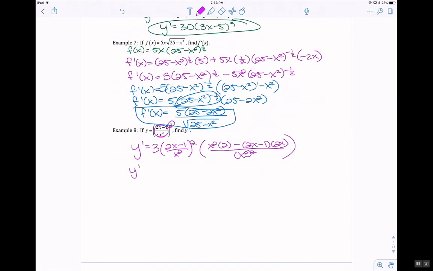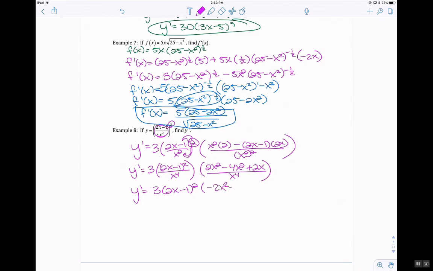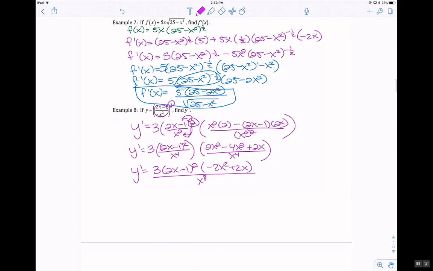So I get y prime, 3 (2x minus 1) squared over x to the fourth, because I can distribute my squared to my numerator and my denominator. 2x squared minus 4x squared plus 2x over x to the fourth. So y prime is (2x minus 1) squared. My numerator here becomes negative 2x squared plus 2x, and all divided by x to the 8th power.